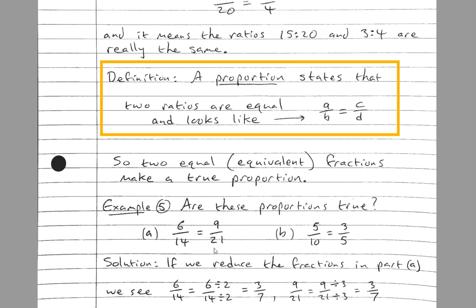So that's a basic question. If I give you a couple of fractions, is the proportion true? Are the two fractions equal, or are they false, not equal? So part A in this example, we're comparing 6 over 14 with 9 over 21. Is this a true proportion?